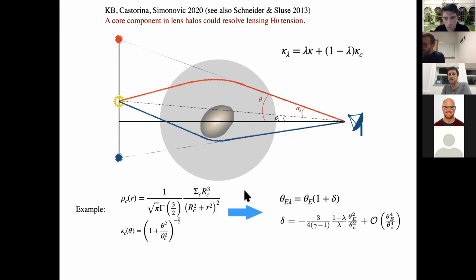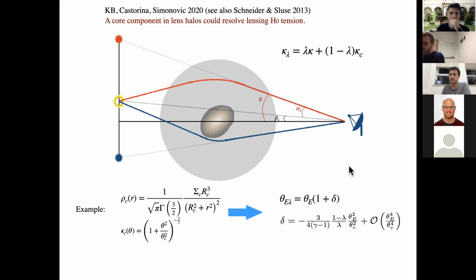And you can show that if the radius of a core component like this is larger than a few times, maybe 2 or 3 times, the projected Einstein radius of the system, then the lensing analysis cannot see it. Okay, so the distortion of the lensing image becomes parametrically very small if the radius of the core is larger than the Einstein angle of the system.